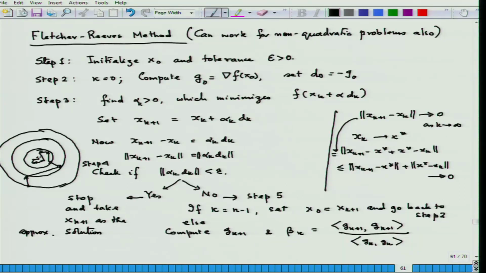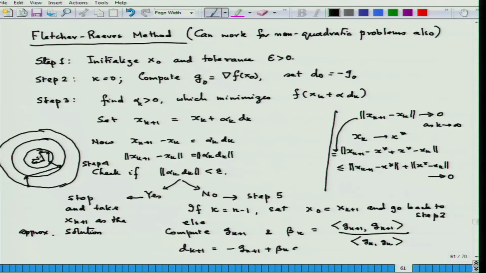And then you compute the next direction d_{k+1}, because from x_{k+1} now you have to go to x_{k+2}. So you are computing d_{k+1} equal to minus g_{k+1} plus beta_k d_k, in the same way we have done for the Hestenes conjugate gradient method.